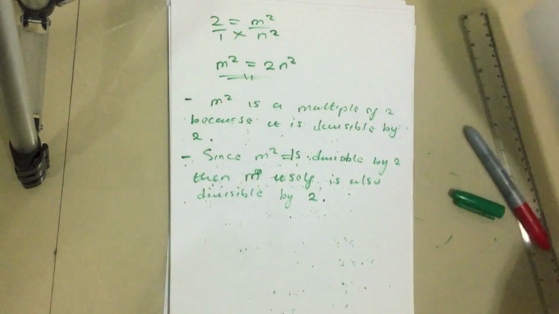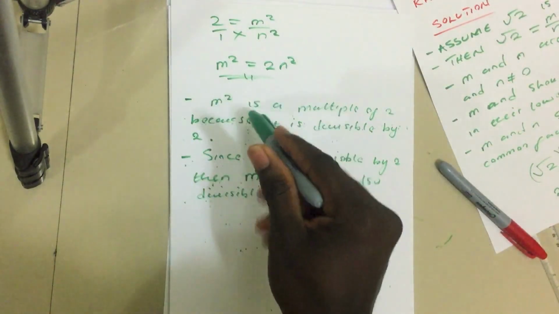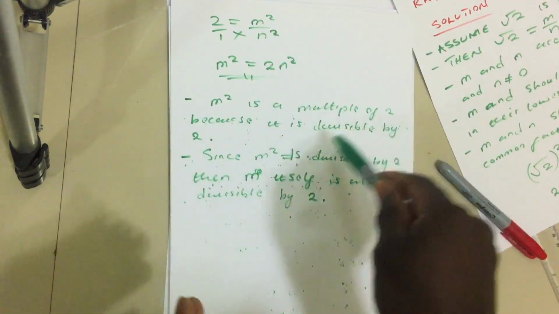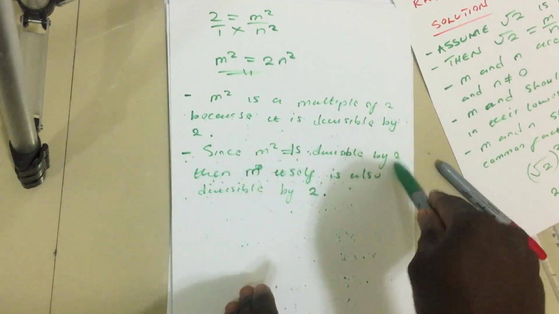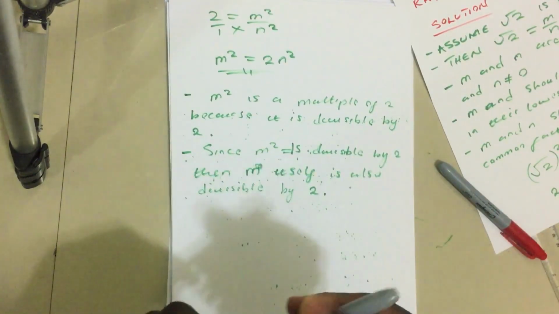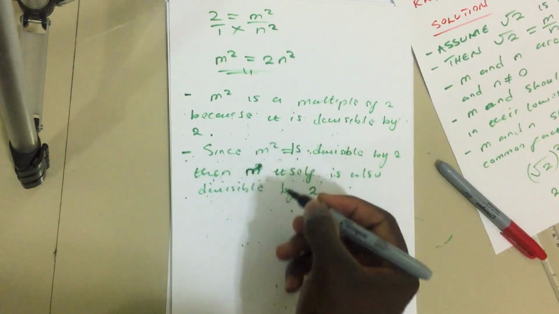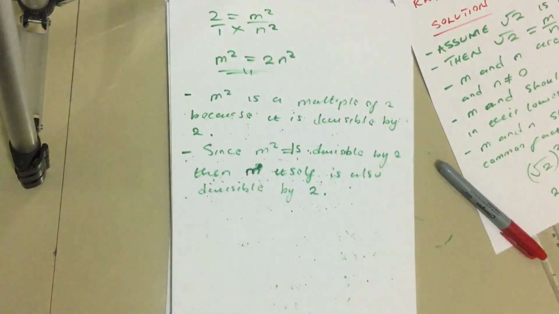So what our expression simply tells us is that m squared is a multiple of 2 because it is divisible by 2, and since m squared is divisible by 2, then m itself is also divisible by 2. I hope you can see that.